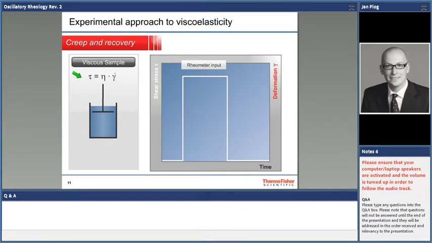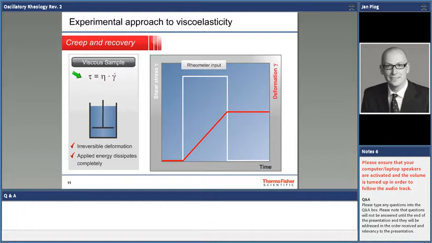How would it look? For instance, to make it easier for those of you who might not be familiar with it, how does it look for a purely viscous sample? For a purely viscous sample, the moment you apply the stress jump, the paddle will start to move into the fluid, in our dashpot model.